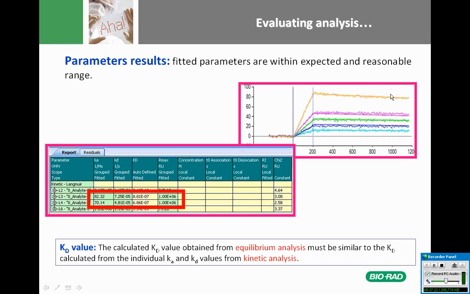There is no curvature, and therefore the algorithm does not know where the sensorgram will reach saturation, so it finds an Rmax of 1,000,000. So clearly when you see those results, even though the fitting looks nice, you can immediately tell that something is wrong because the values are not logical, and you need to do something to change it.